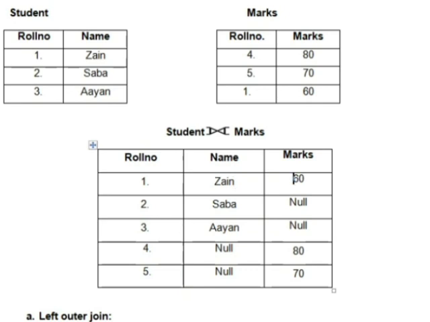Now for finding the marks of Zen, we need to check the relation marks. So here I have 1 which belongs to Zen and the marks is 60. Next is 2 Sabha. So I have put here 2 Sabha.